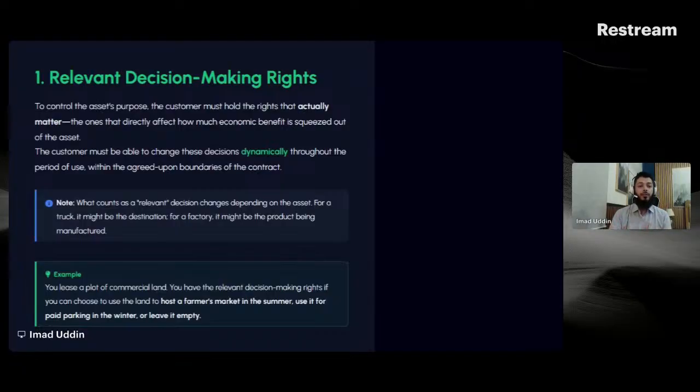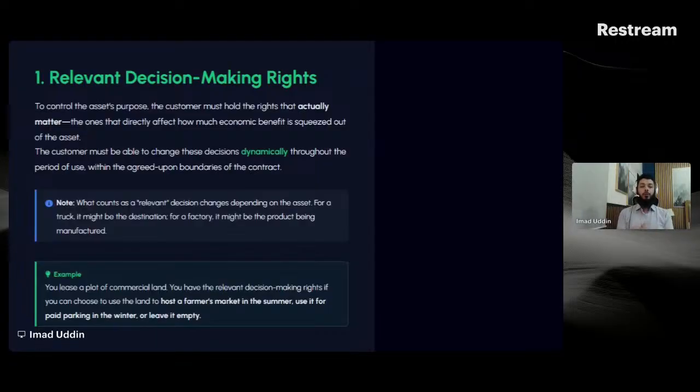So, for example, if the contract restricted that the asset would only be used in New York or Karachi, we'll only have to look at whether the lessee has the right to use it anywhere he wants within that particular city. Or if the right to use a particular vehicle was to use it for, let's say, 10,000 miles per week, then we would have to see whether the lessee has the right to use the asset to whatever extent he wants up to that mileage.